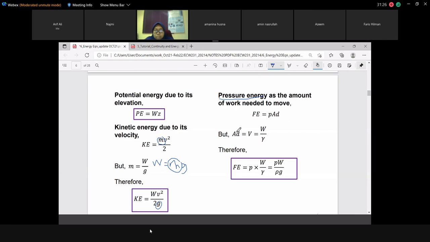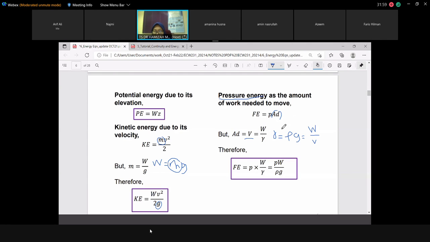So area times D, D ialah dia punya jarak, distance. So A dengan D ni is dia punya volume. Okay, volume also can be represented by weight bahagi dengan specific weight. So ingat lagi formula specific weight kita ada dua, rho g ataupun weight over volume.